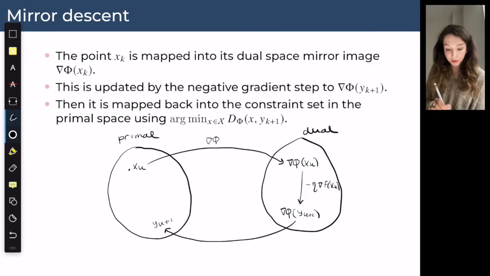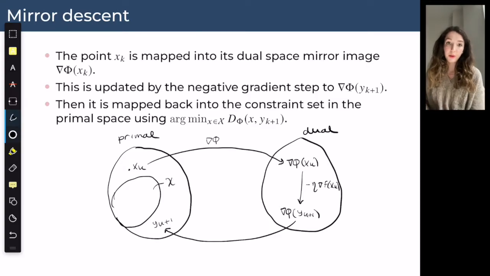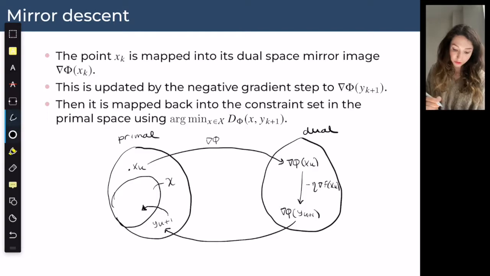And then yk plus 1 is mapped back into our constraint set using this Bregman divergence. So let's say that our constraint set is some subset of the primal space. Then this yk plus 1 is mapped back into our constraint set to get xk plus 1 using this thing over here.